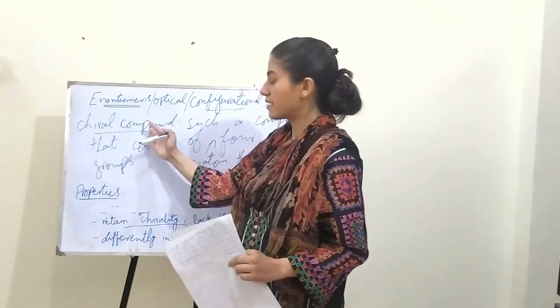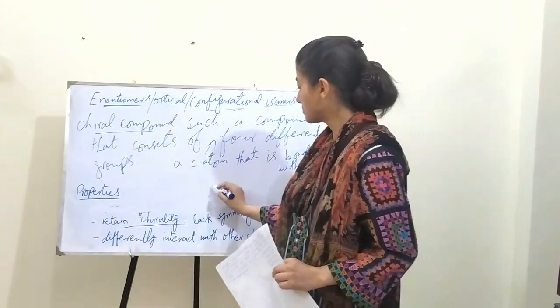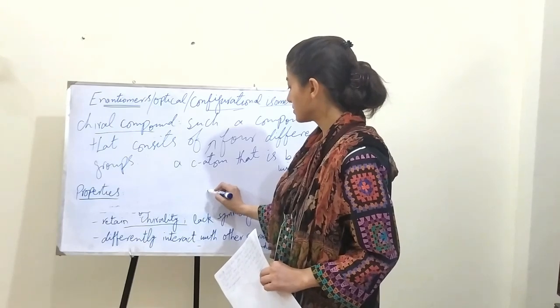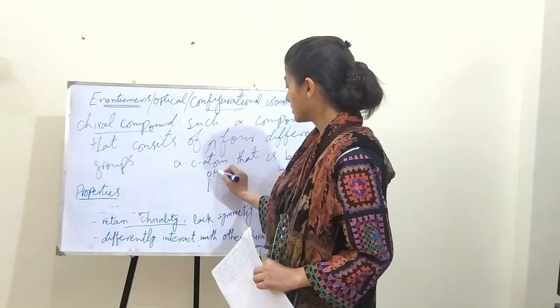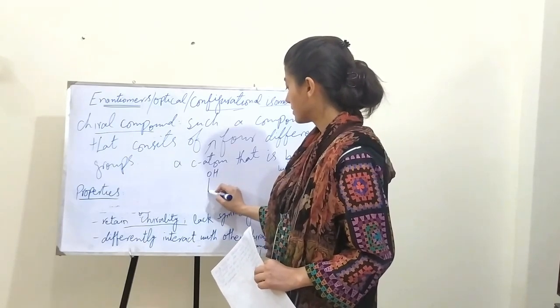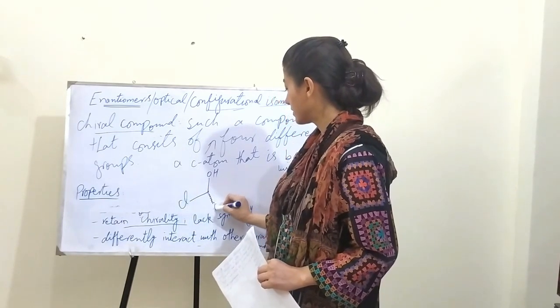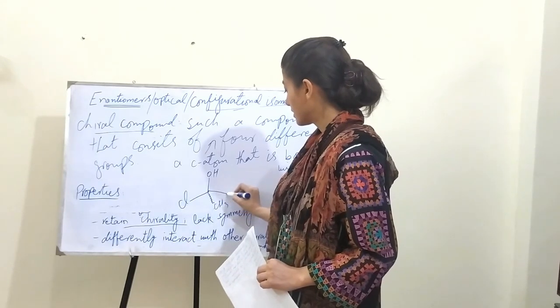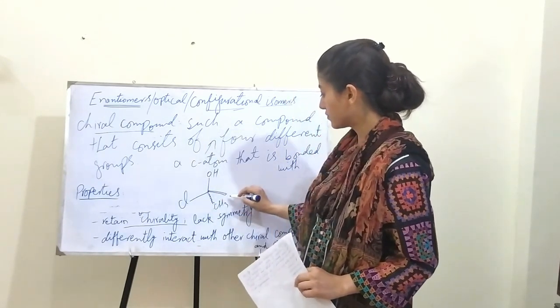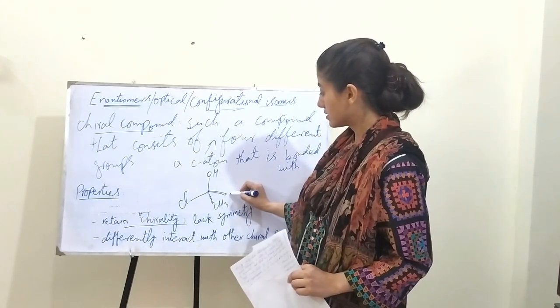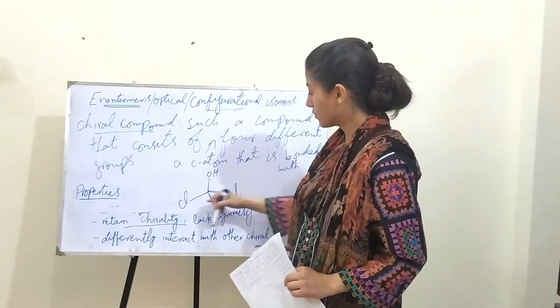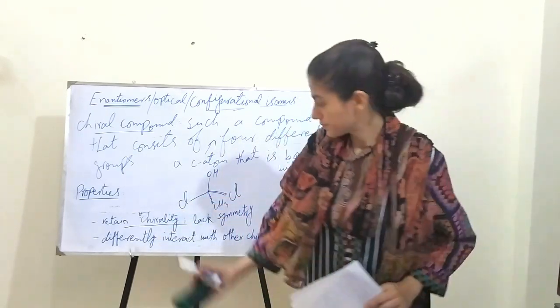That is called a chiral compound. For example, as the previous example shows, here it was attached with the hydroxyl group and with chlorine, here it was attached with CH3, and let's say this was chlorine and this was hydrogen.